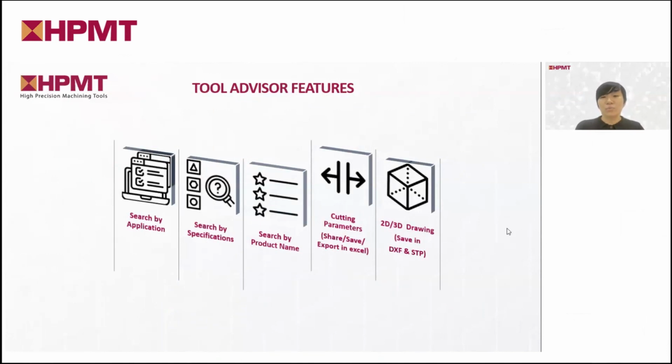Other than that, we also provide the cutting parameters in PDF file and Excel file, and you can share our cutting parameters via WhatsApp, LinkedIn, or emails. And you can save our 2D or 3D drawings in PDF file. You can save our 2D or 3D files in various formats, which are DRS, DXF, and STP.